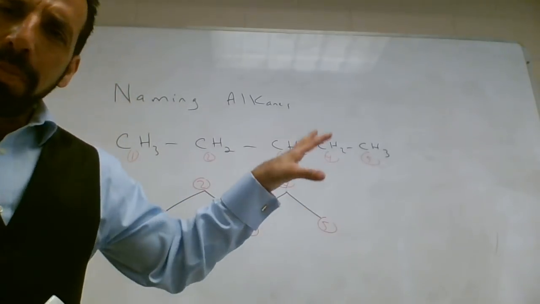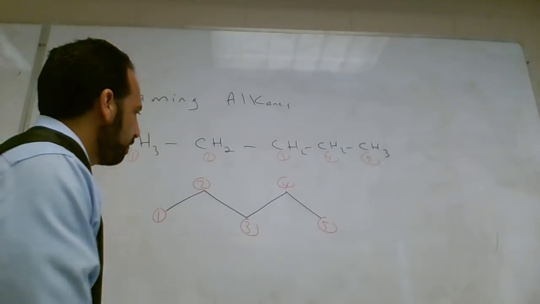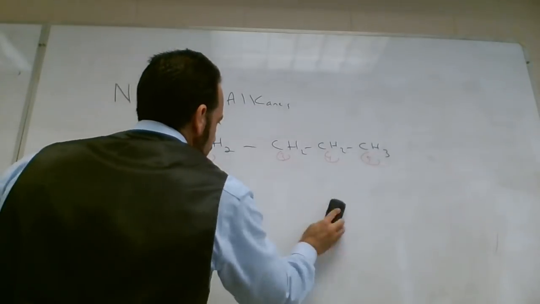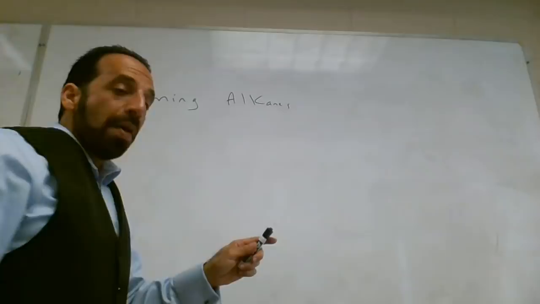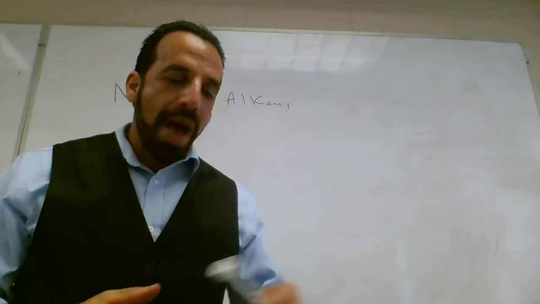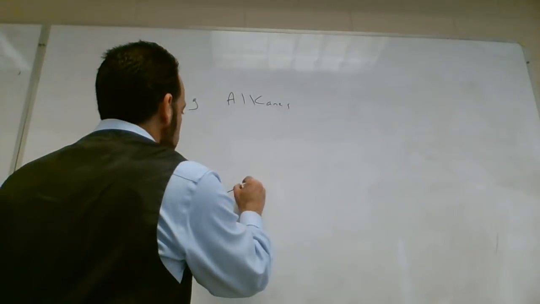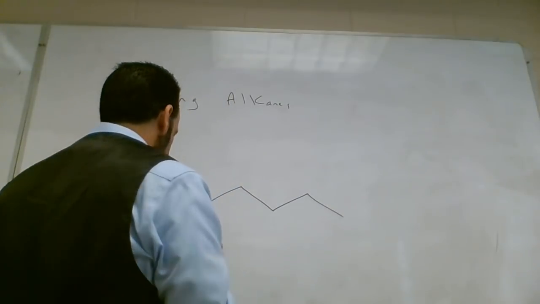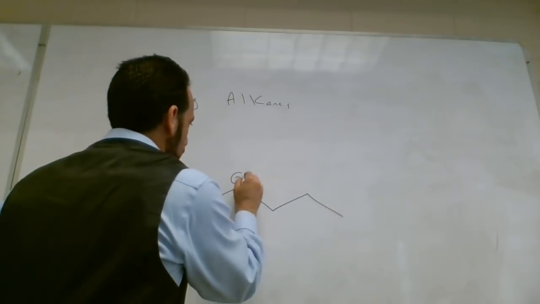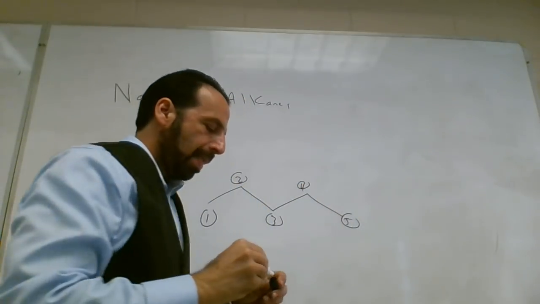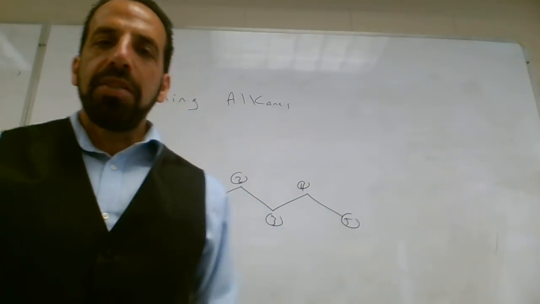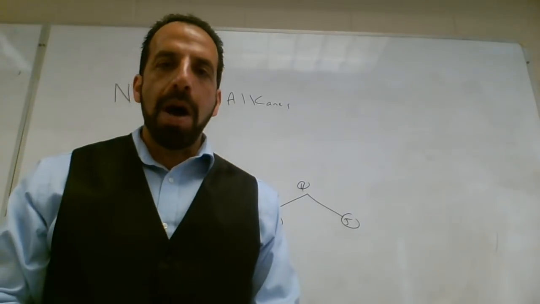Let's go ahead and do a little bit more complicated one. One thing I do want to mention, let's go back to this line formula one here. When you're looking at these right here, I brought a little model for this.